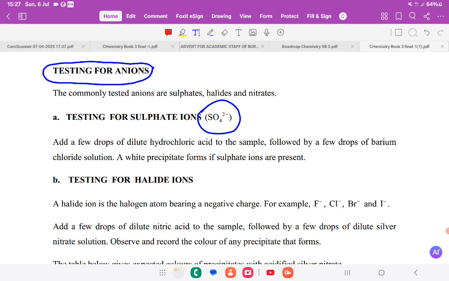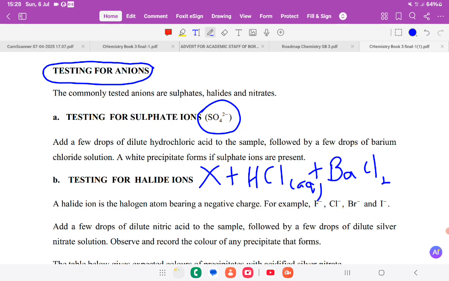Take note that here we are using two test solutions. Let's say that the substance you are testing is substance X. So to this you add hydrochloric acid, which is aqueous or dilute, followed by barium chloride. Barium chloride is BaCl2, also aqueous.